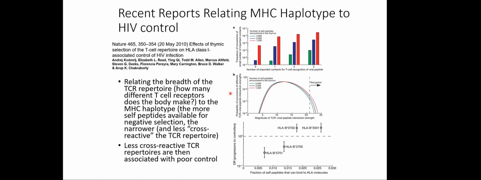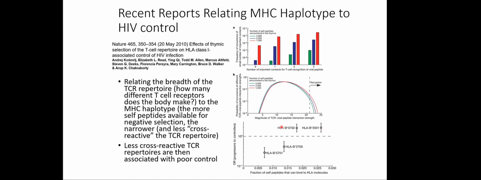And so one of the things that we know for HIV that's been studied really well is that having certain HLA alleles is protective or not protective if you're HIV positive. And so in this graph down here, it plots 4 HLA types.